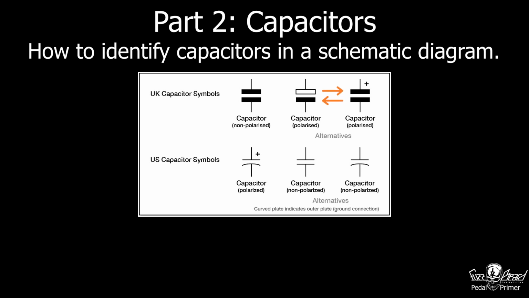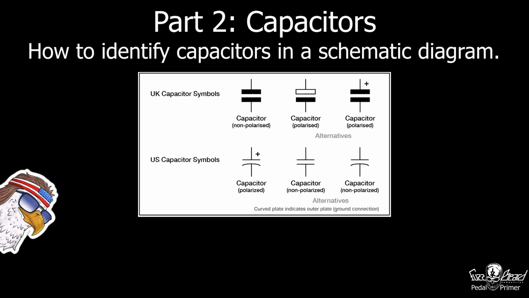Polarized capacitors, which only allow signal to pass in one direction, will be denoted with a black and a white rectangle, or if not, there will be a little plus symbol on the positive plate, so that will tell you the correct orientation for that polarized capacitor. There are also American versions of the capacitor symbol, which is a straight line and a curved line to indicate that it is a polarized capacitor as well, but generally I tend to use the non-US version.